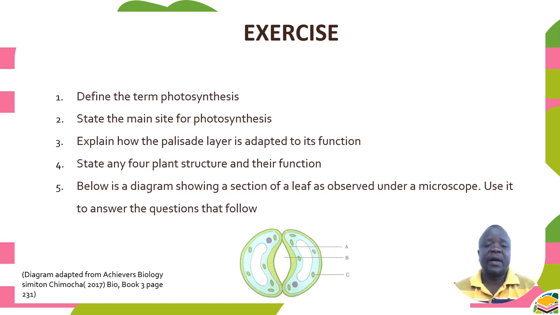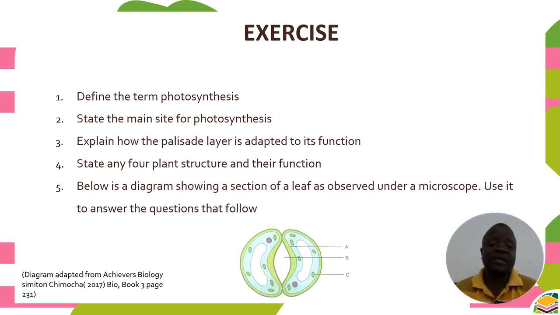Before that, remember that we have gone through the process of photosynthesis. We have looked at the structure of the plants, the leaves, the stems, the flowers. We have also looked at the cross section of the leaf, the internal and external layers. We have the epidermis, we have the spongy mesophyll layers, and so on.